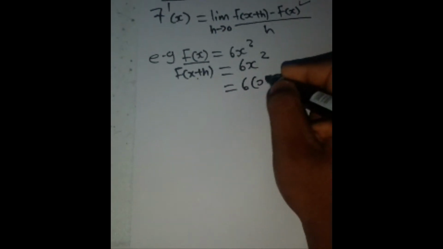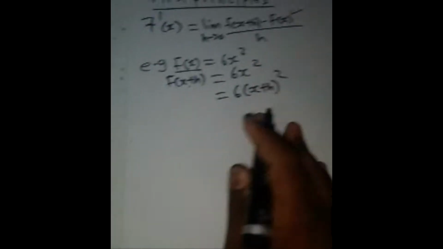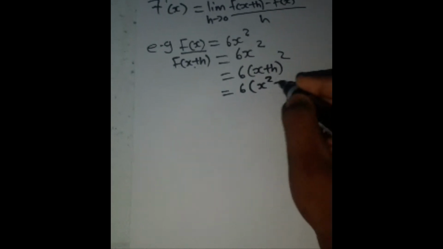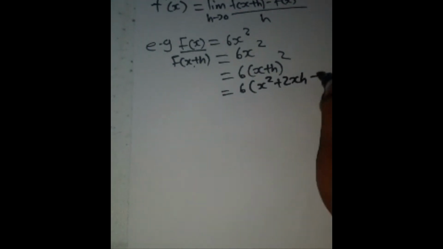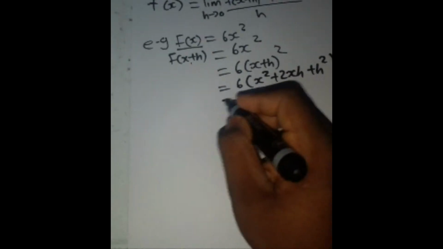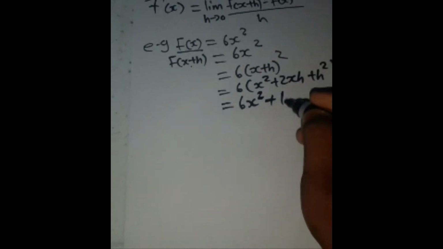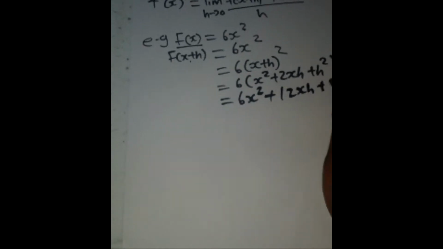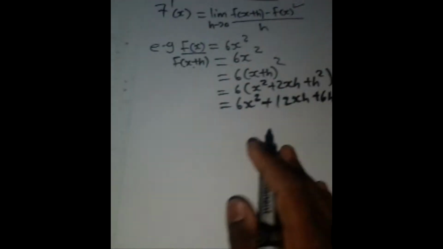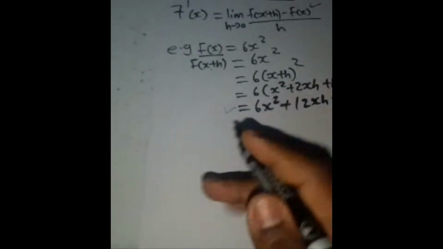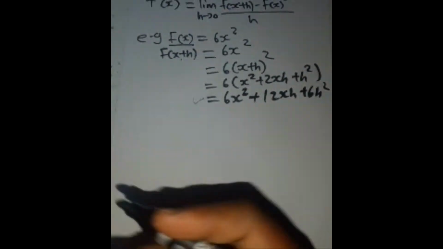So it's going to be 6 times x plus h squared. Then you expand: 6 times x squared plus 2xh plus h squared, which gives 6x squared plus 12xh plus 6h squared. Now, where there is f of x plus h, I'm going to put this long thing there, and then you substitute and do your math.